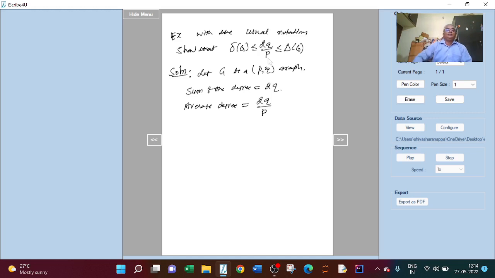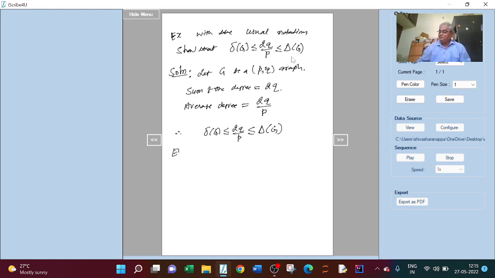Minimum degree is δ(G), maximum degree is Δ(G). So therefore we can write that the average degree is always greater than or equal to δ(G) and always less than or equal to the maximum degree Δ(G). Okay, this is the result.